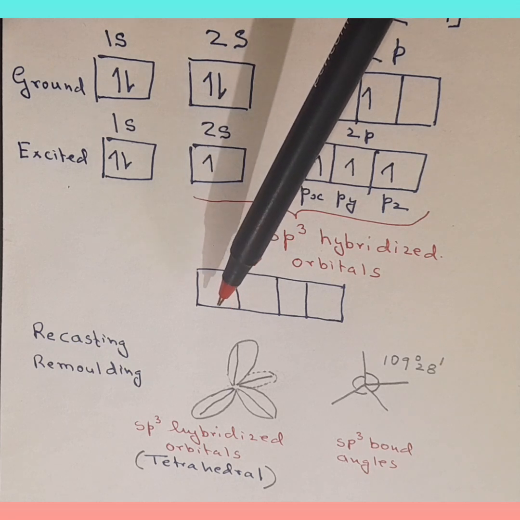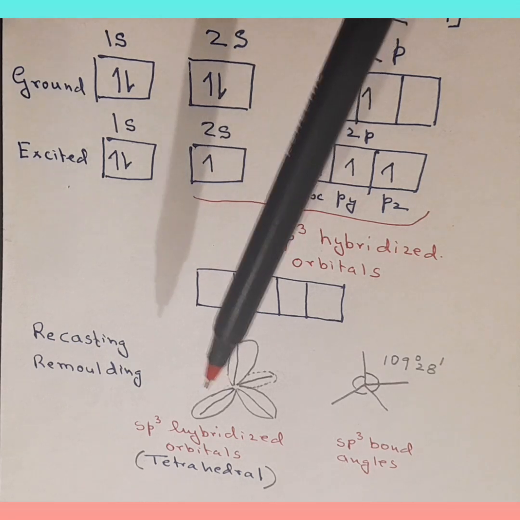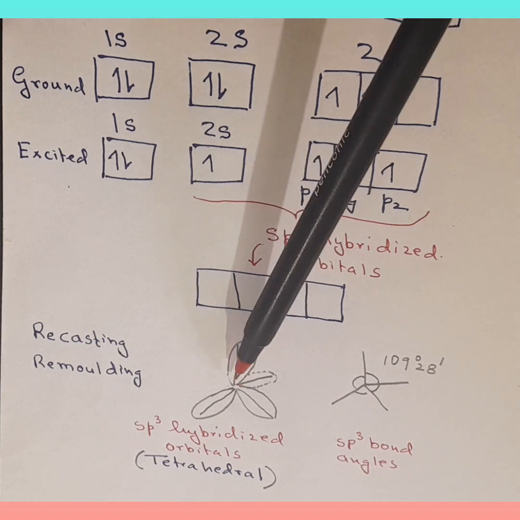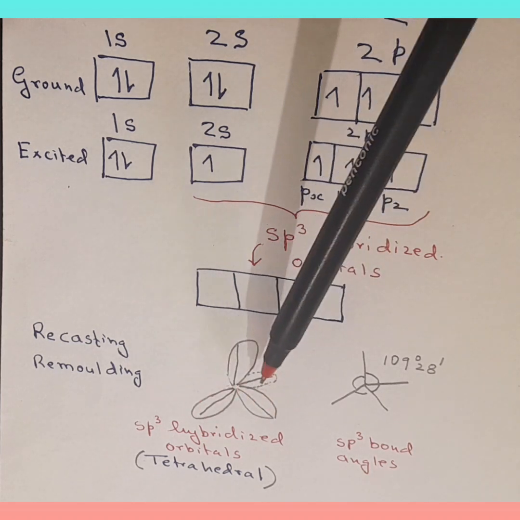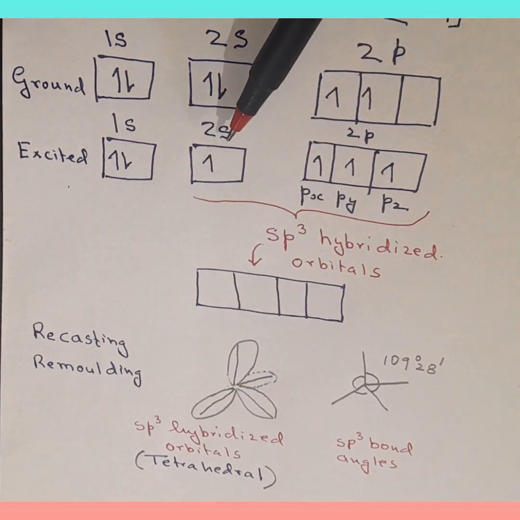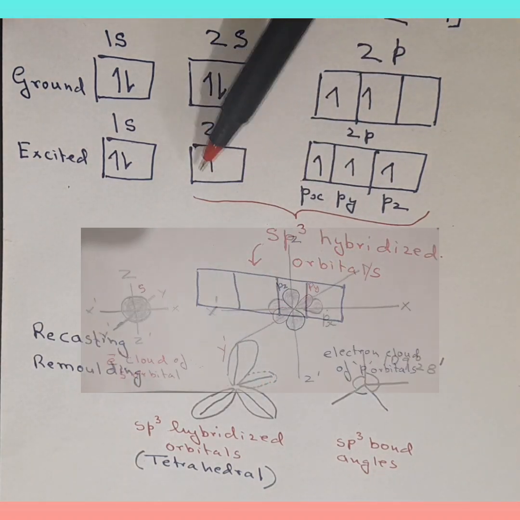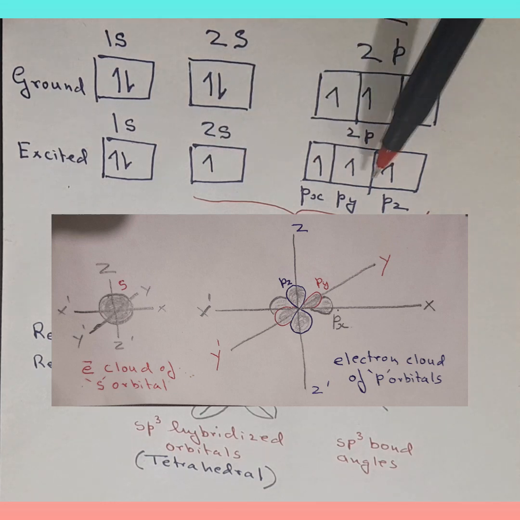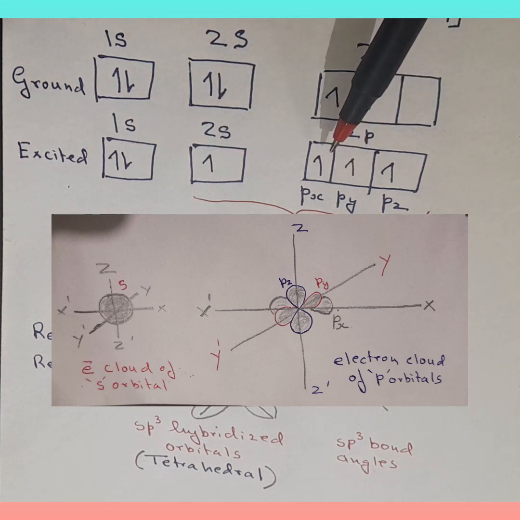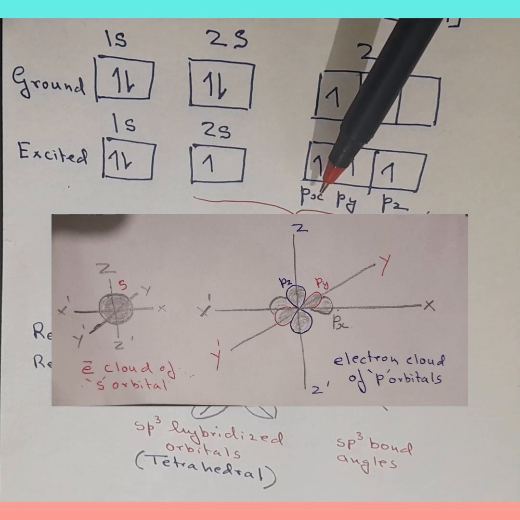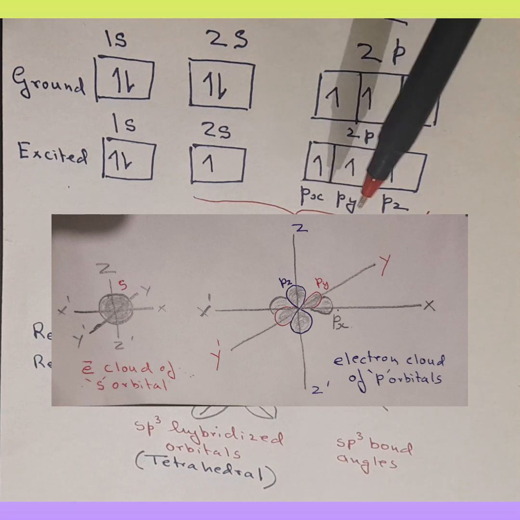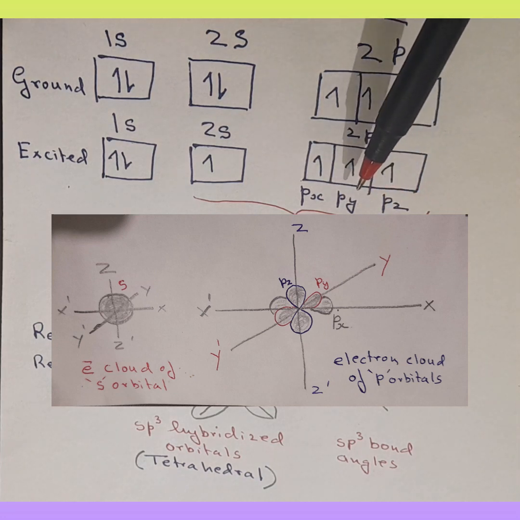which are identical. Now in what sense are they identical? If we come back here, s we know is spherical in shape. P orbitals are dumbbell shaped. If I talk of px, py, pz, those are dumbbells lying on the x axis, y axis and z axis respectively.